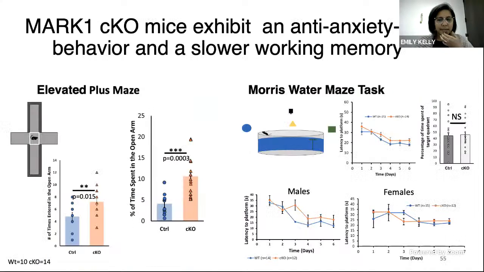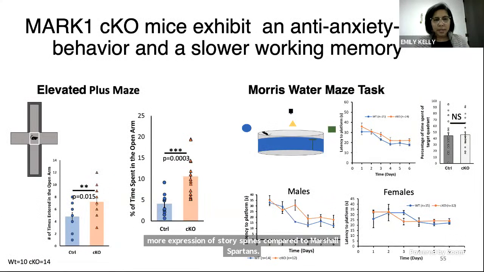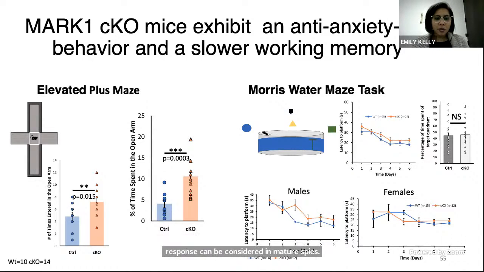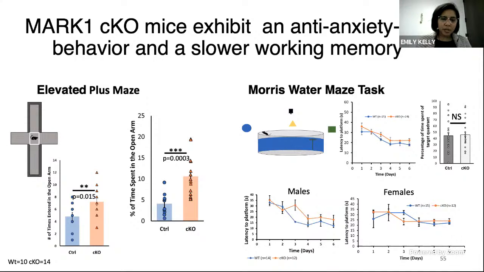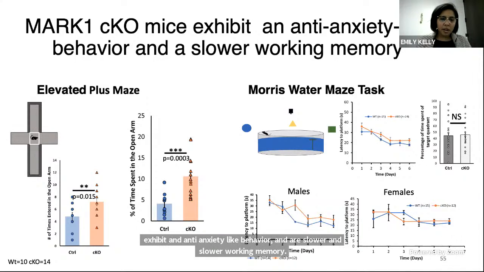We also wanted to look at the cognitive defects, and we found that the Mark1 knockout mice exhibit an anti-anxiety-like behavior and have a slower working memory. We did an elevated plus maze. If the mouse spends more time in the open arms, it means it doesn't have anxiety, and that's what we were seeing with our conditional knockout.